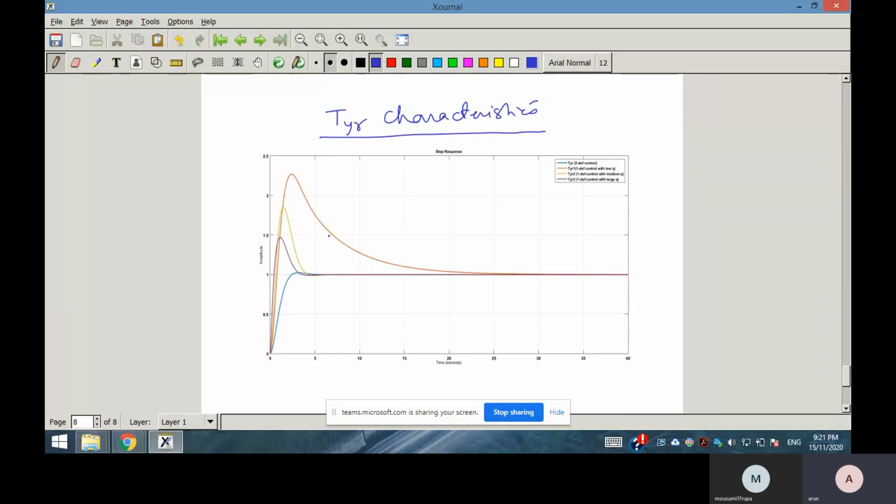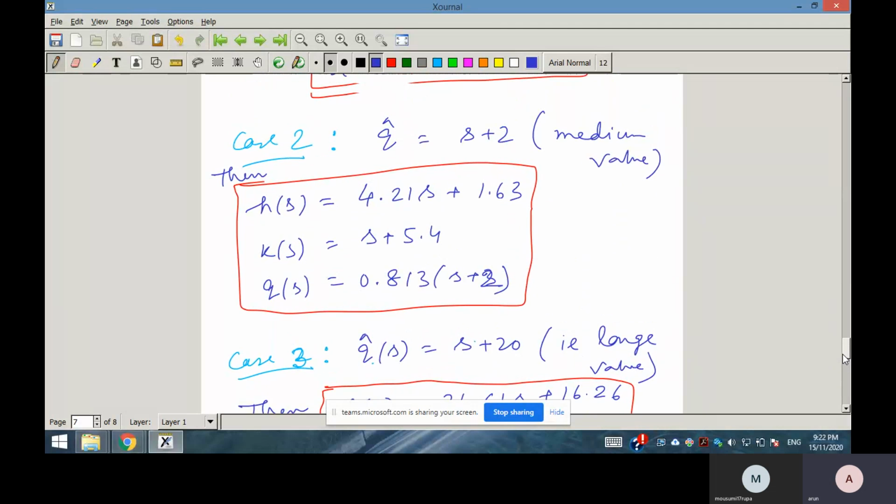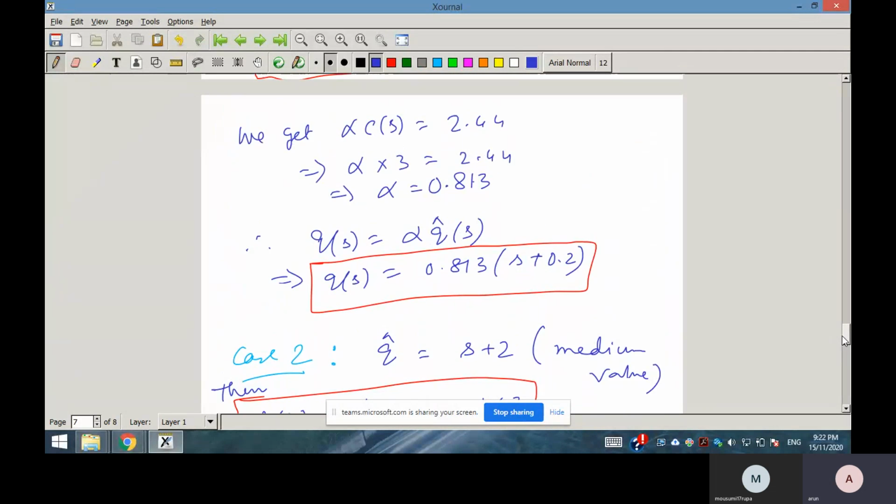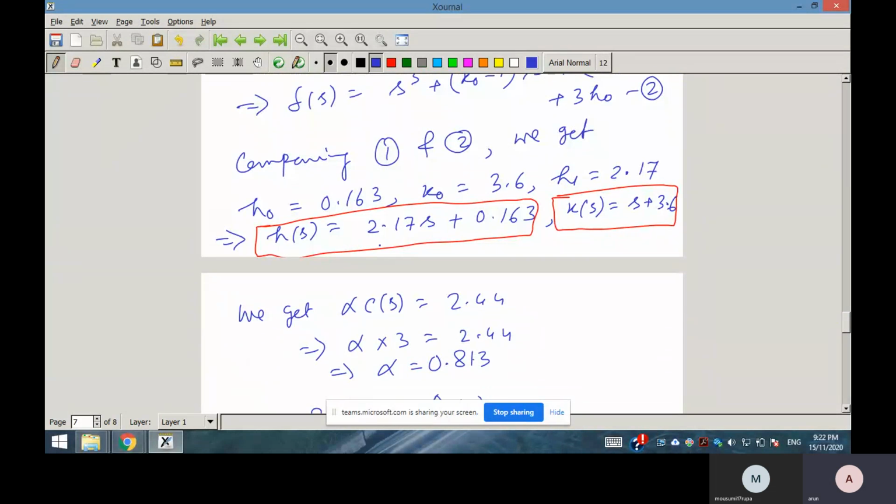So you can see, using your 1 degree of freedom, you can never achieve a desired response, because you can easily see that the roots of HS, everywhere, are very close to the imaginary axis.